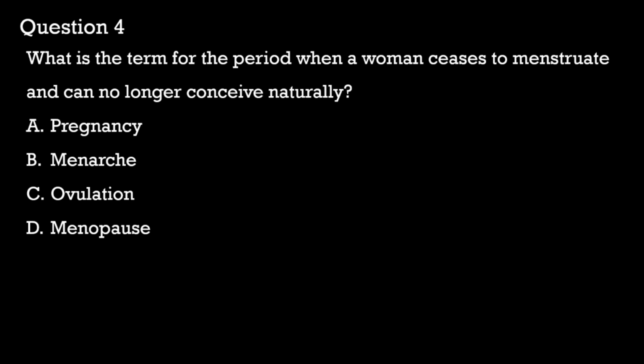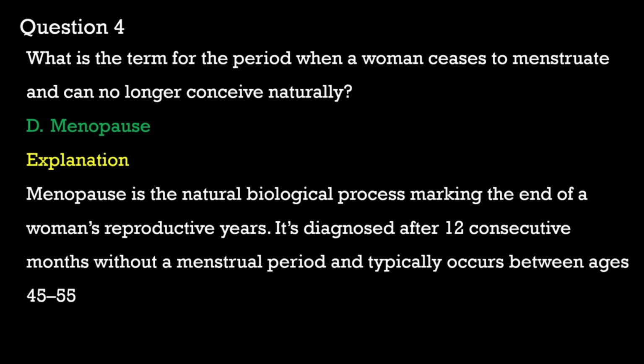Menarche is the first menstrual blood or the first menstrual period, and this marks the start of reproductive capability. Ovulation is the release of an egg from the ovary during the menstrual cycle, while menopause is the natural biological process that marks the end of a woman's reproductive years. So our answer here is option D.